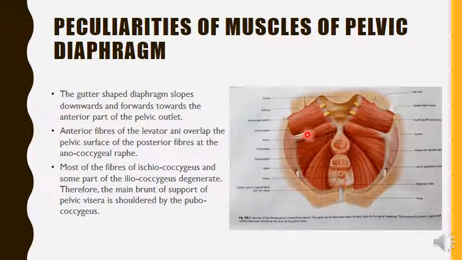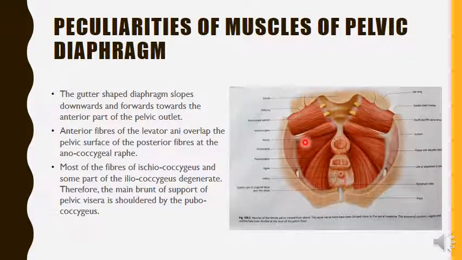You can observe that they are not large when you compare with this pubococcygeus part, and also the fibers are degenerating. So the main brunt of supporting the pelvic viscera, the rectum, vagina and the urethra here, all the support is provided by this pubococcygeal part, okay.